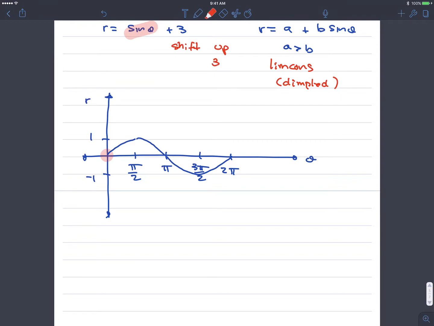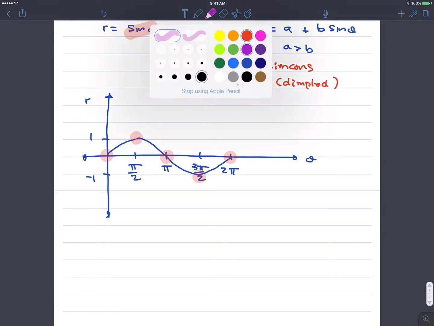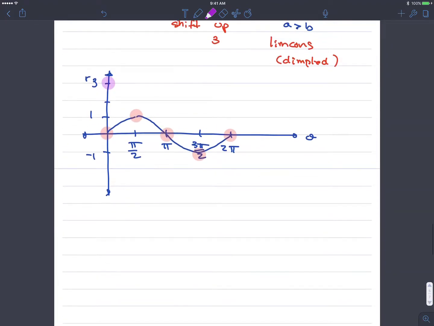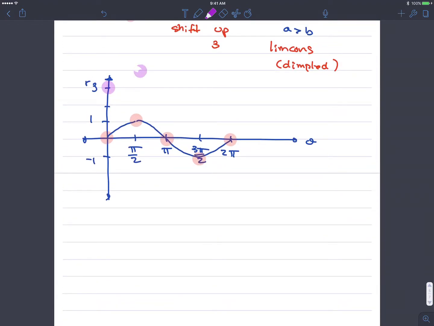So we have points here, here, here, here, and here. This is our sine curve. But everything has to be shifted up how many units? 3. So this 0 is now at 3. That's going up 3 units. Let me label that, that's 3. 1 has to go up to 4. Your 0 goes up 3 units, which makes it here.